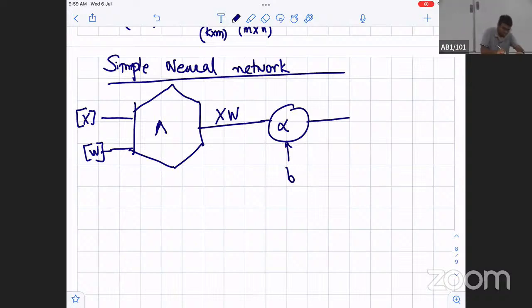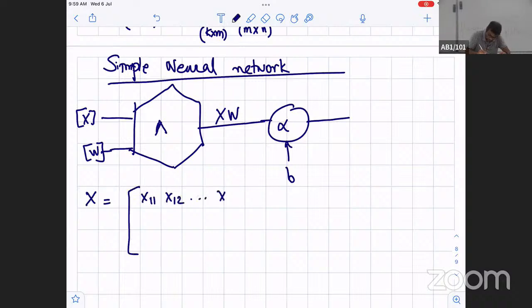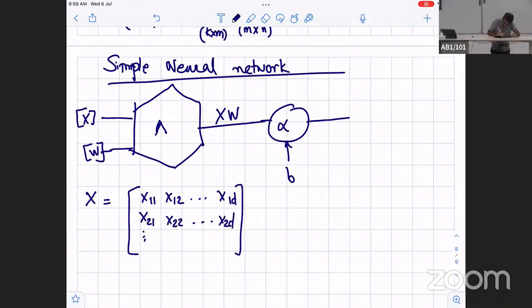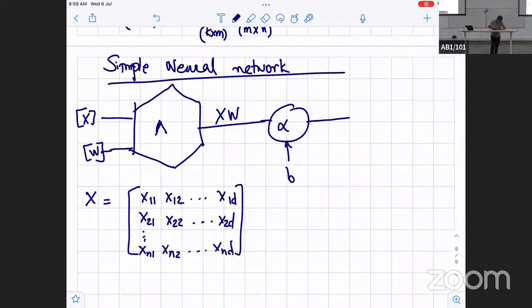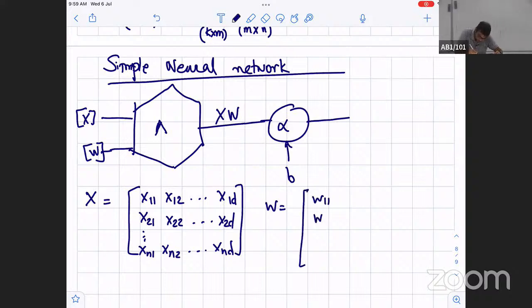And what is X? Let me write what X is. X is X11, X12, up to X1D. Okay, so this is your X. And what is W? W is a vector that you can multiply with X. So let's take this as W11, W21, up to WD1.